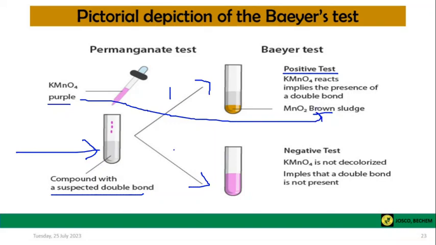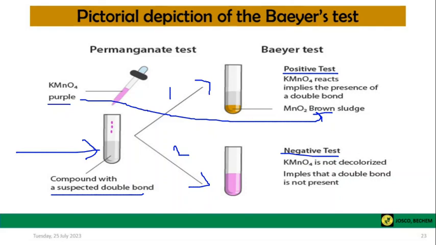The second outcome is that there is no presence of the double bond or the alkene, which would be a negative test, meaning your color would not change.